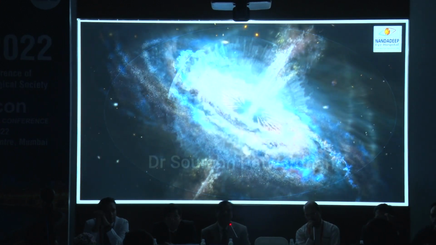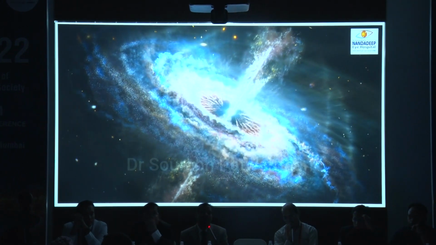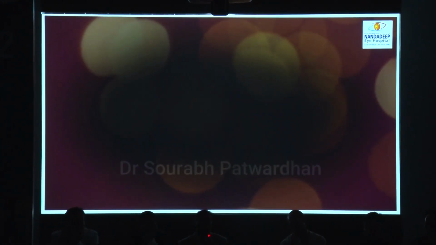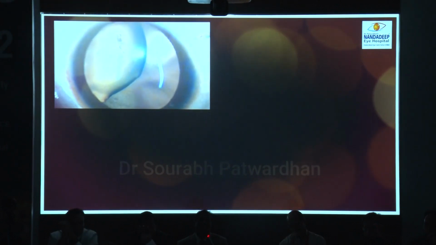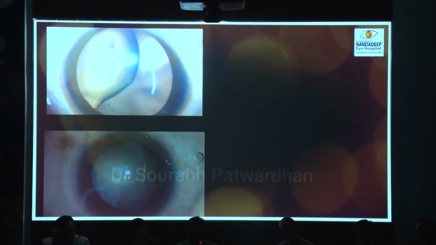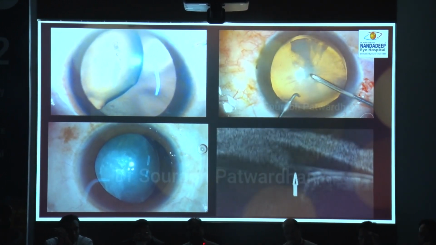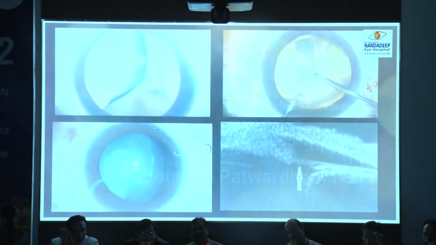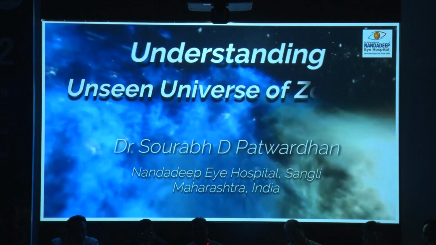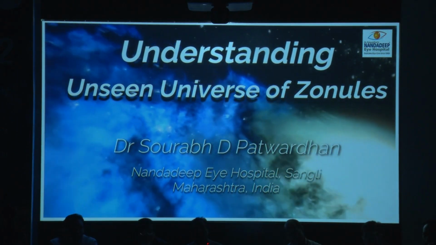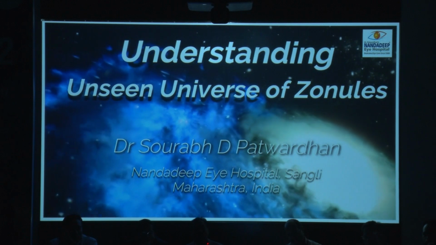Though frank, unstable zonules can be observed preoperatively in the form of subluxated lenses, phacodonesis, or with UBM, the subtle zonulopathies can be seen only when you start the surgery.